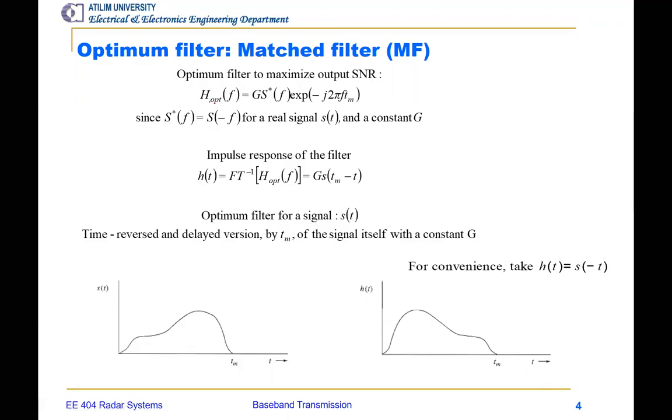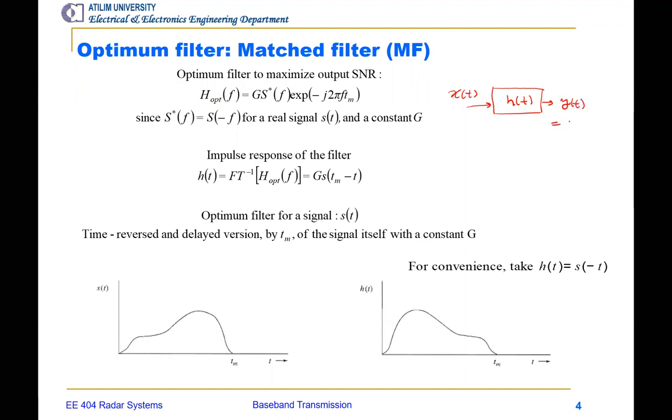Its transfer function, by the way, let's simply remember signal concepts. We got a filter whose impulse response is h of t. We got an input signal x of t, an output signal y of t.